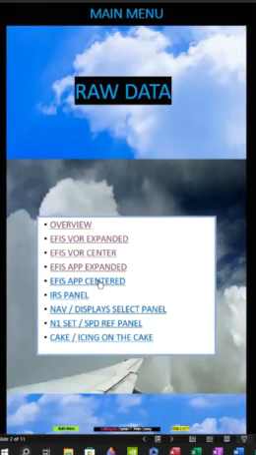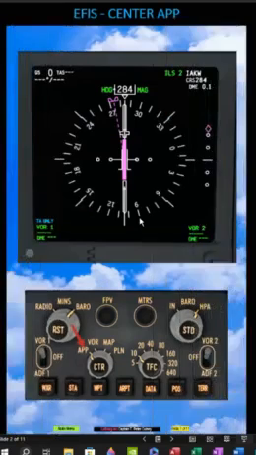Now we'll look at the EFIS approach mode centered. So same as previous, but in a centered view. And of course, remember that's achieved by pushing the center switch on the selector.